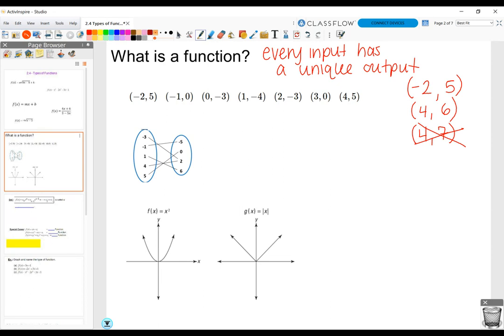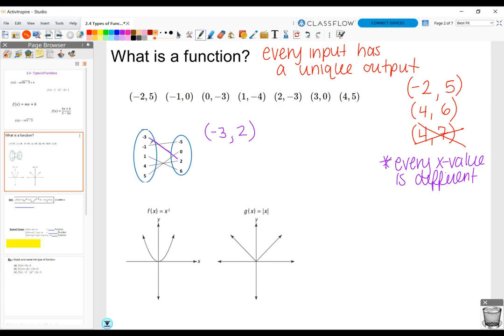I think what most students remember this as is that every X value is different. No repeating X values. We can see it in coordinate form, just like we see here. We can see it as a mapping. Remember, mapping is just -3, 2.